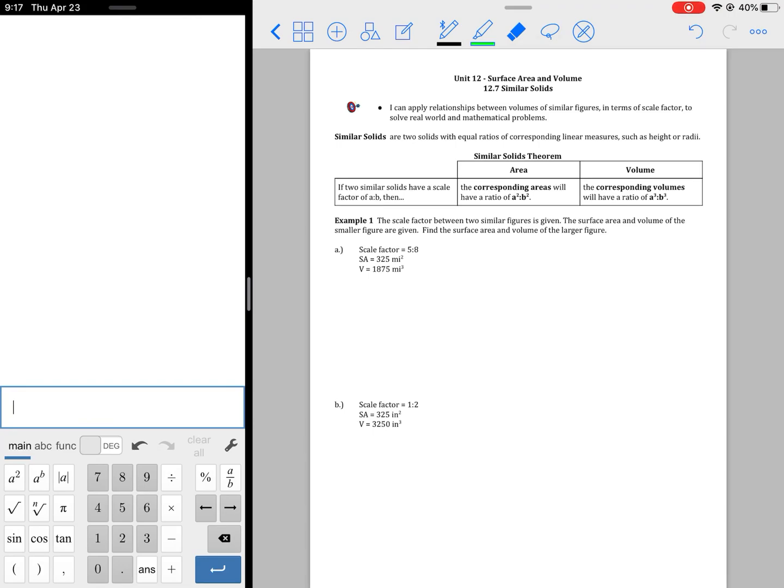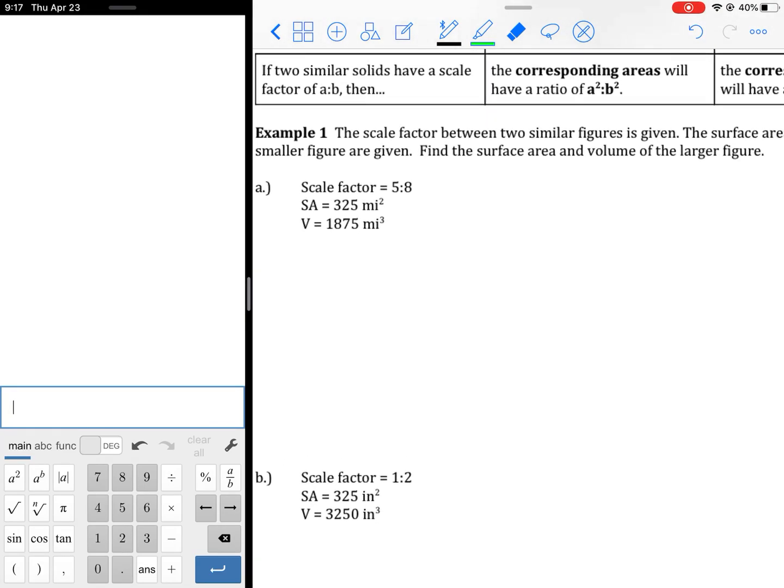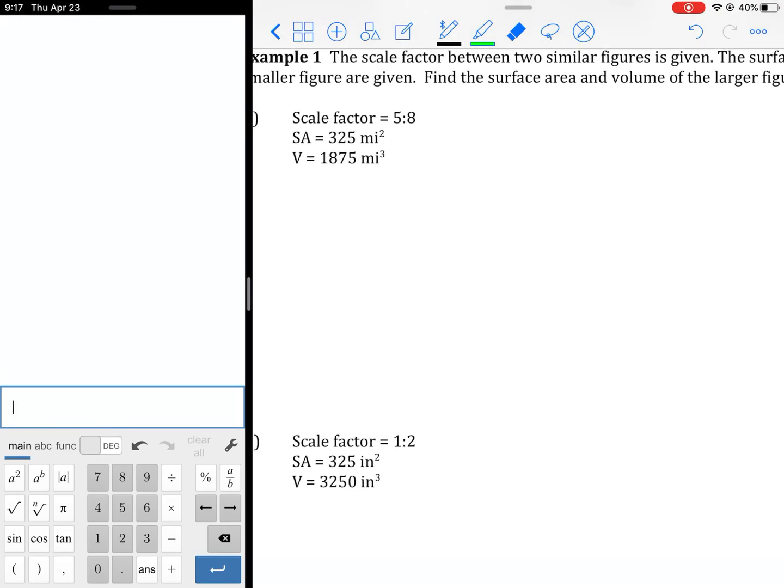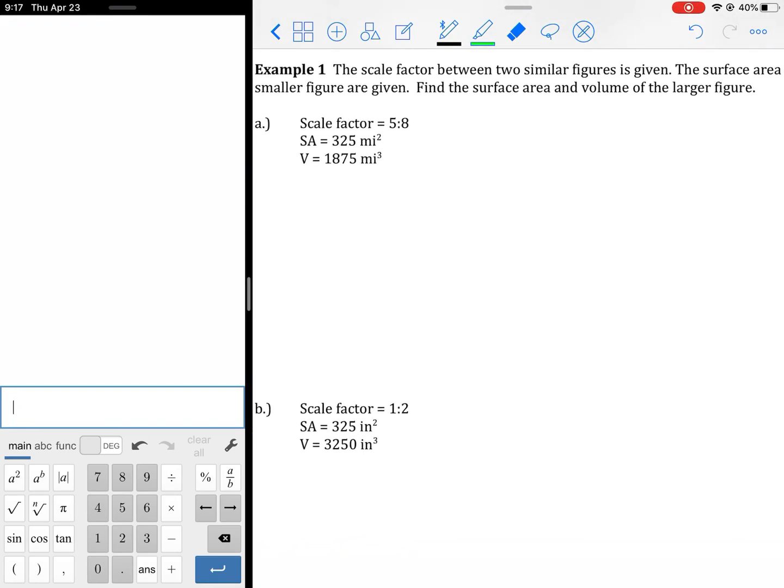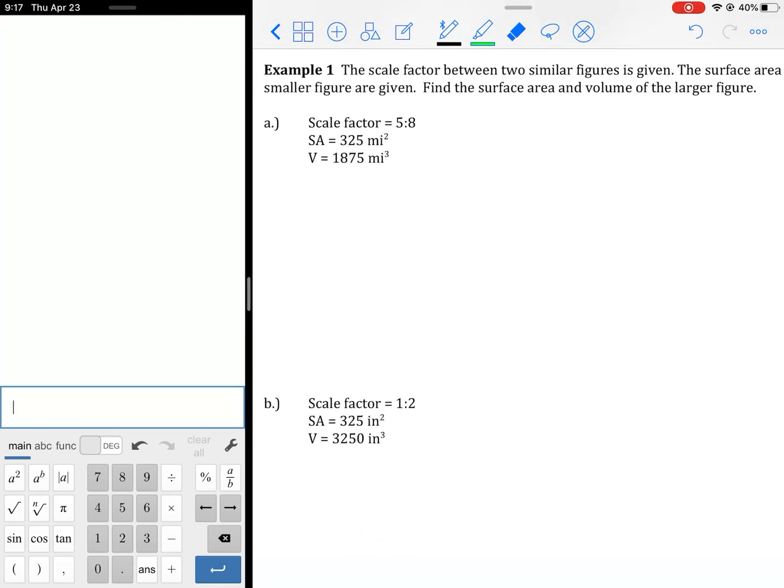So first, we're going to look at this example where we have a scale factor of 5 to 8. Since the 5 comes first, that means it's small to big. And we're going to set up a proportion in order to solve the surface area and the volume of the larger figure, because these two that are given are the smaller figure. So we're going to start with our surface area.